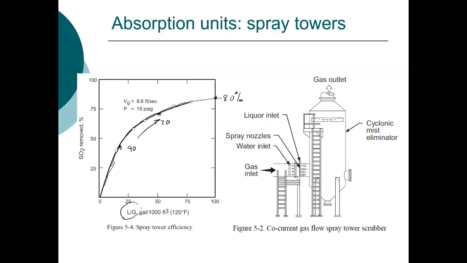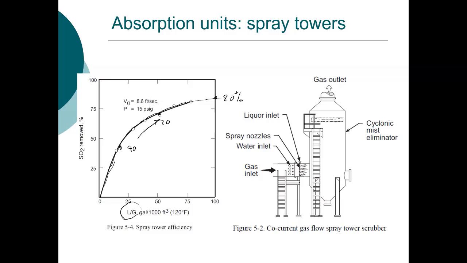This is used typically for removing chemicals that are very soluble and where we don't need very high removals. If you need 90+% removal, you're not going to use a spray tower. You're simply not going to get the removal. Now we can also operate these in multiple modes.